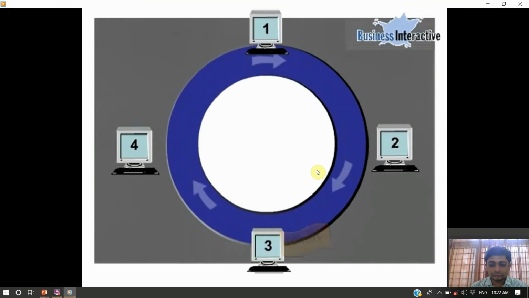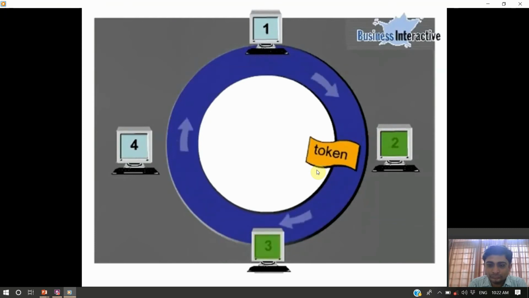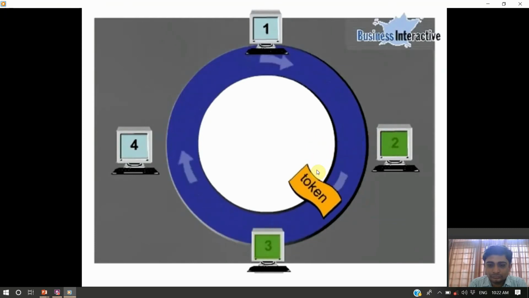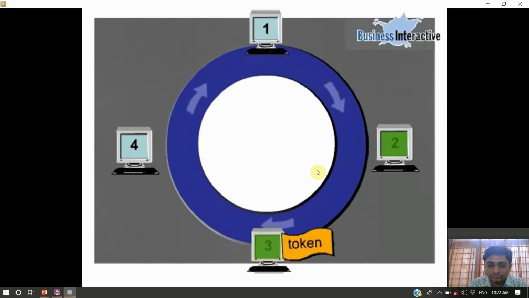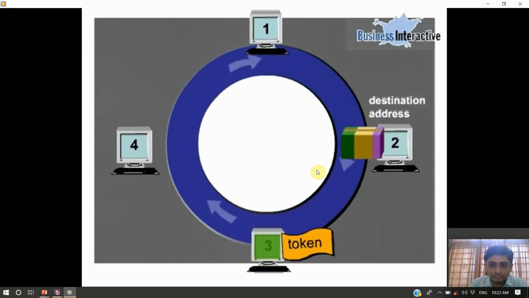As soon as the first computer on the token ring network goes online, the network generates a token. This token is passed around to every computer on the ring until one of the computers takes control of it. As soon as a computer has captured the token, it sends out a data frame to the network. This frame is passed around the ring until it reaches the computer whose address matches the destination address of the frame.